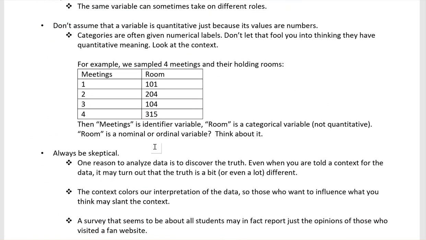Next, do not assume that a variable is quantitative just because its values are numbers. Recall the examples we talked about.